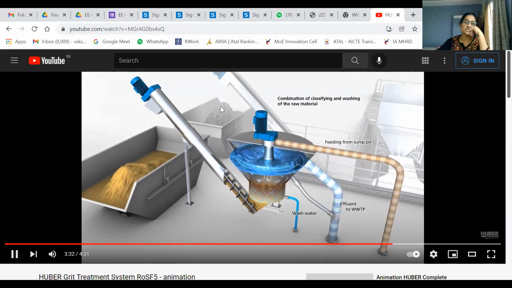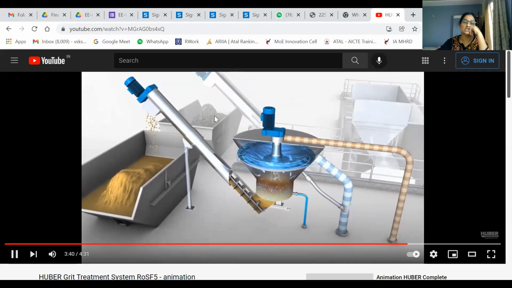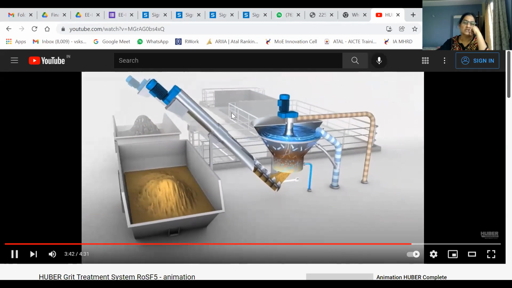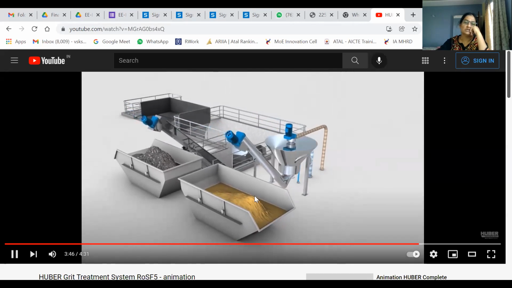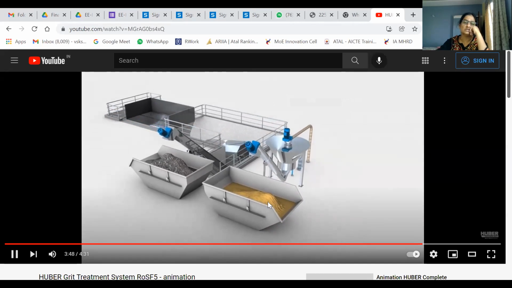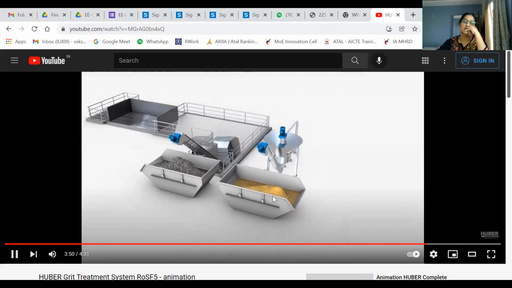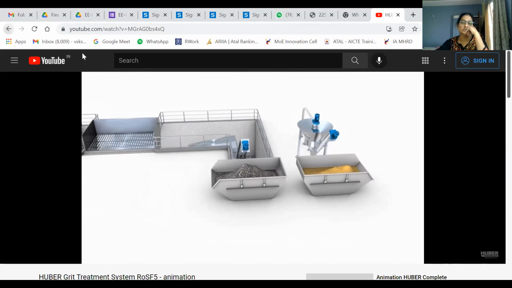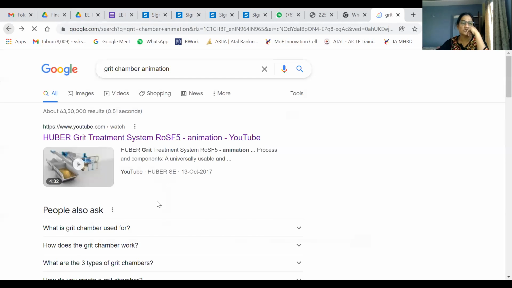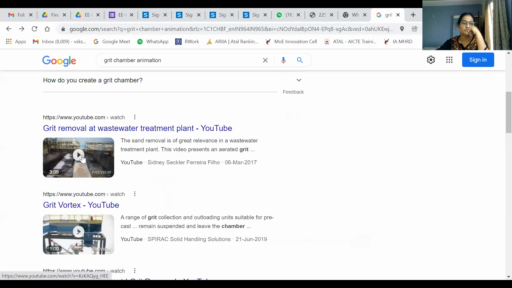This is a continuous process, dropping of the grits here. Before cleaning, it looks brown, blackish in color, septic in nature. But after proper cleaning, it can be converted into fine sand also, and that can be used. So this is the function they want to show us.